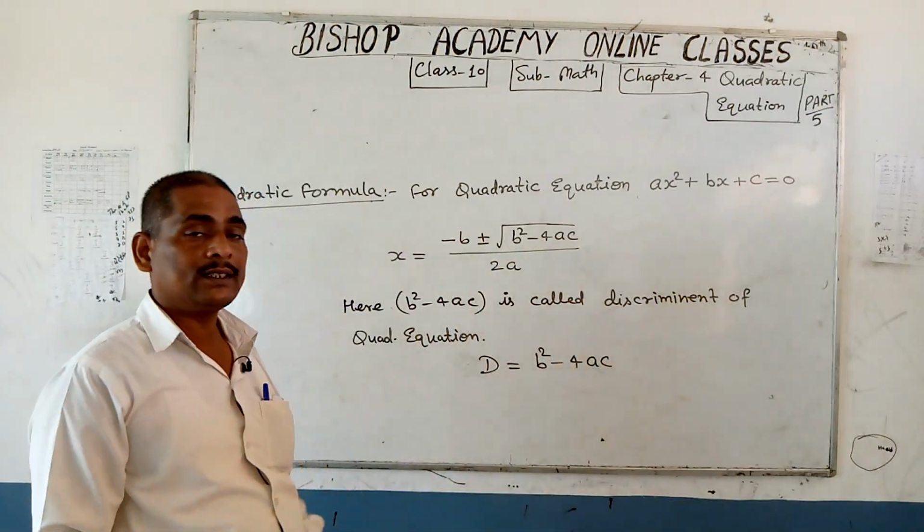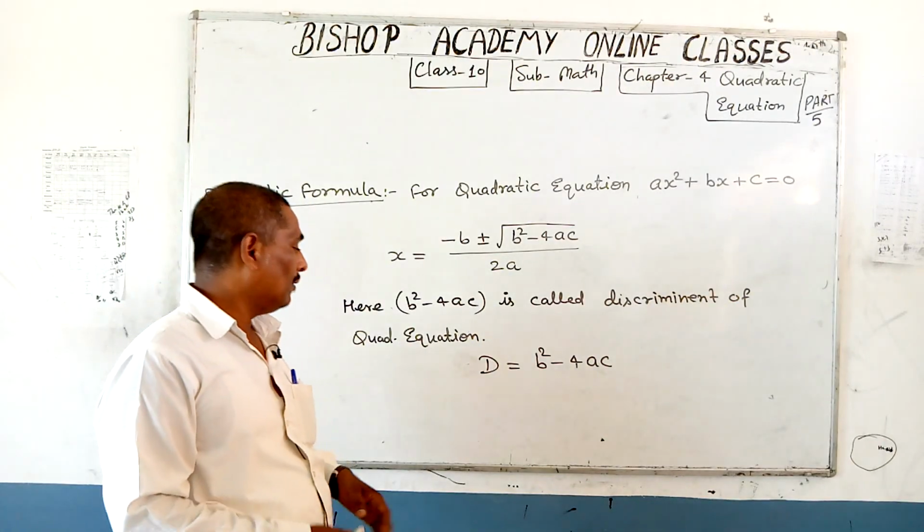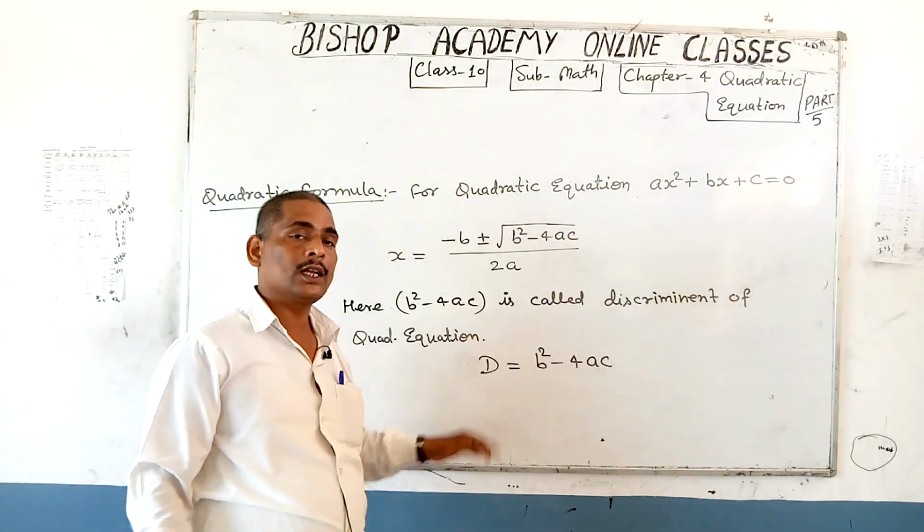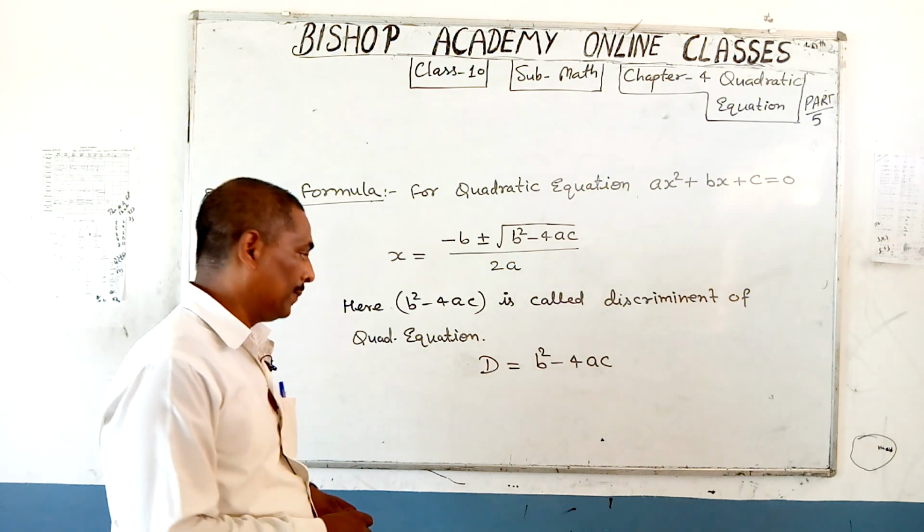Here you have to understand the special role of the discriminant for any quadratic equation.